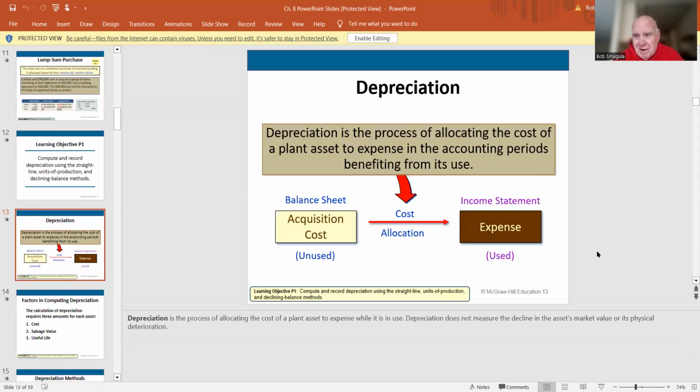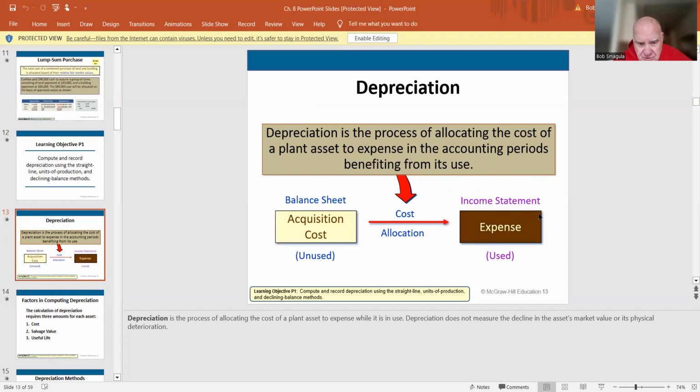Depreciation, it's the process of allocating the cost of a plant asset to an expense in the subsequent years, benefiting from its use. You bought a machine for $60,000 and you're depreciating it over the years, and you're moving that acquisition cost eventually into the income statement.